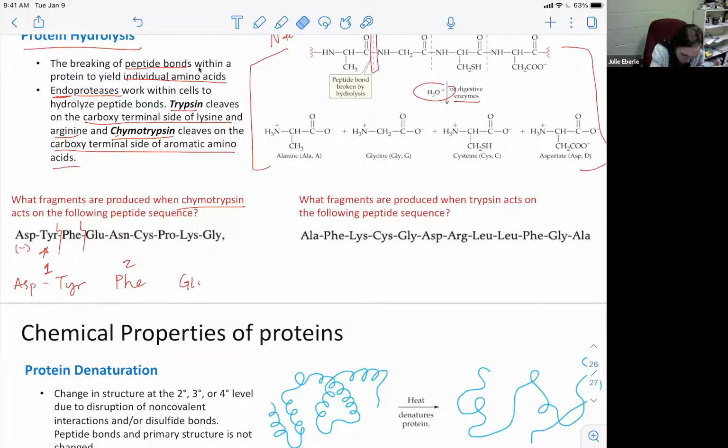Oops. So GLU, glutamic acid, then asparagine, cysteine, proline, then lysine, then glycine. I need to shrink this down. Okay, so this would be fragment number 3.